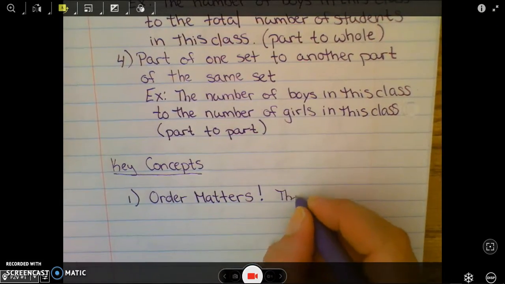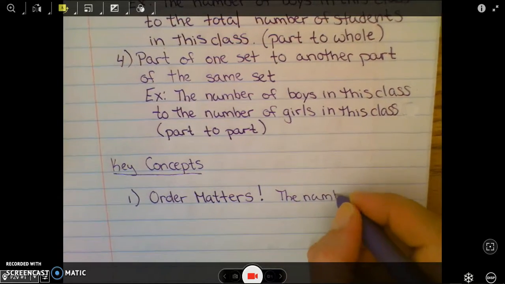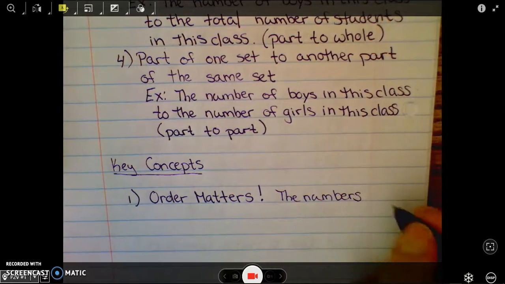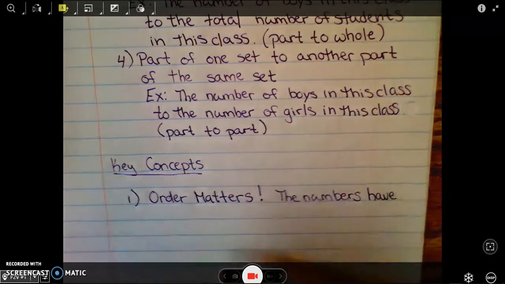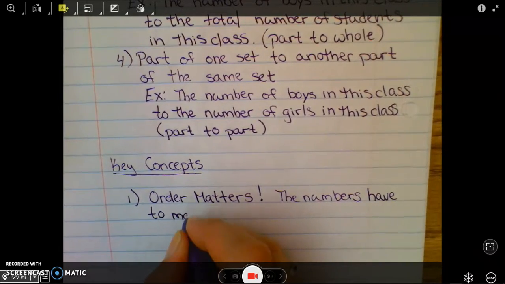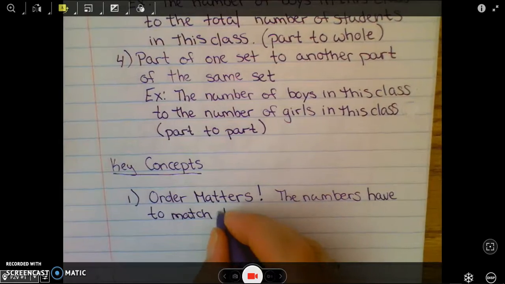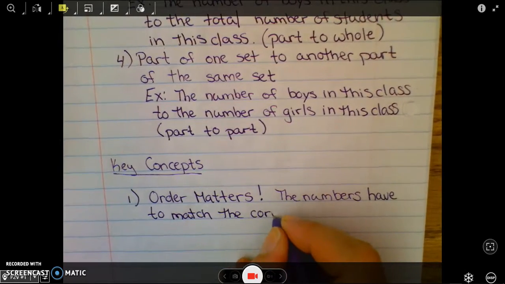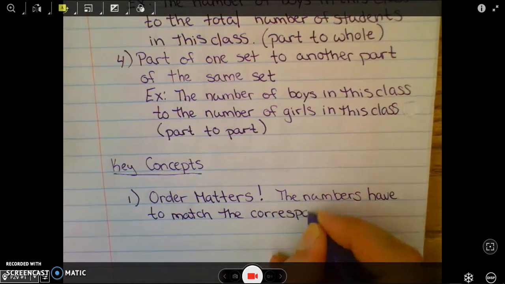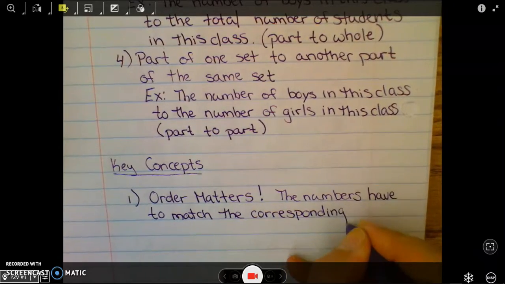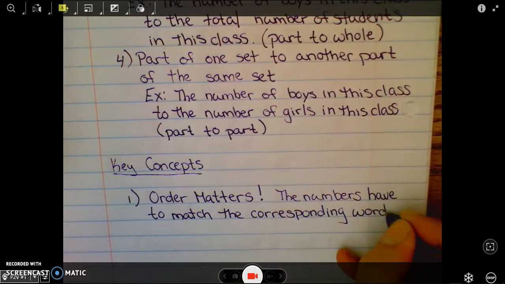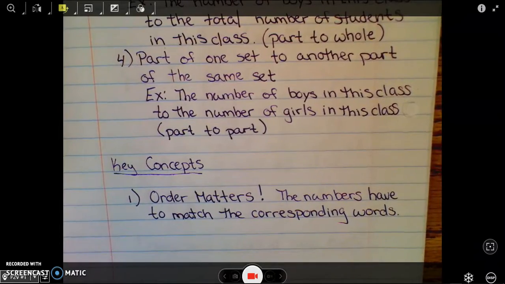And I'm going to write the numbers have to match the corresponding words, meaning the words that those numbers represent.